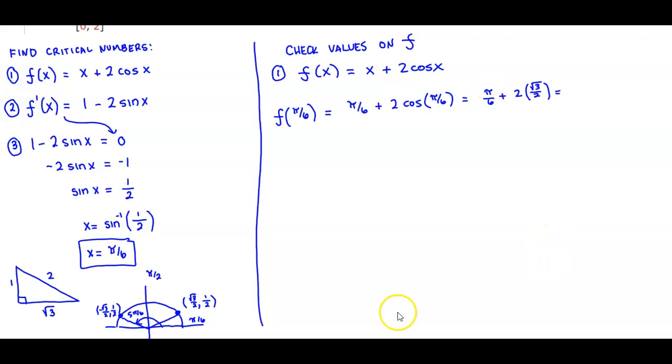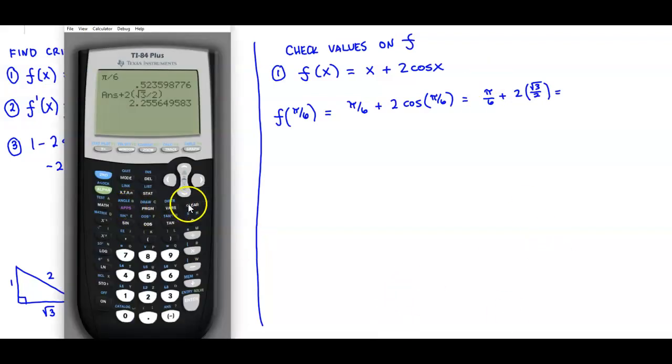Let's go ahead and find that result. If we take pi divided by 6 and add 2 times the square root of 3 divided by 2, rounding to 3 decimal places, we get 2.256.